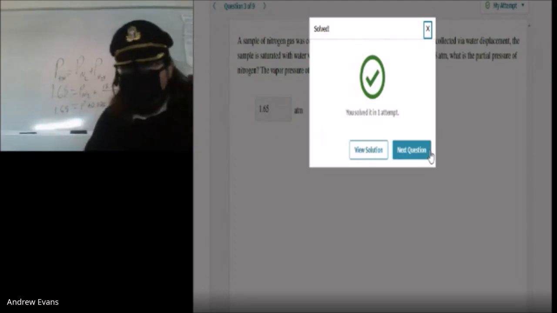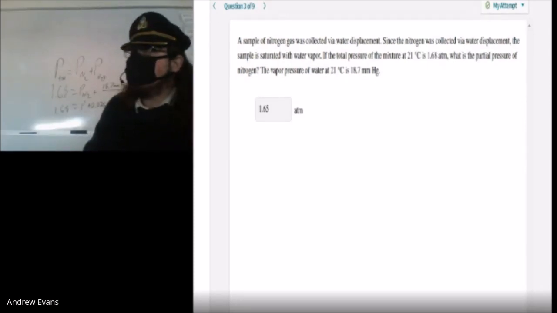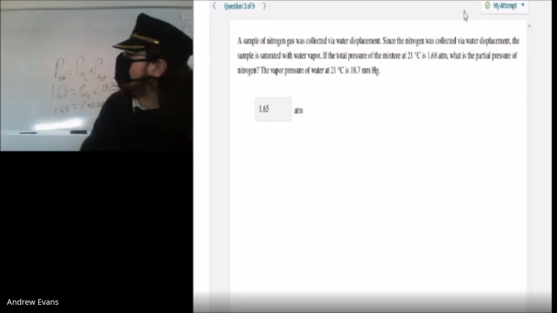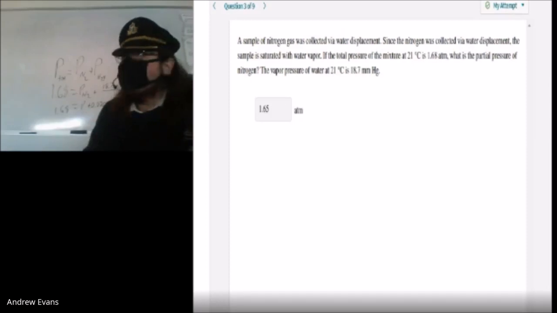Okay, that is a conversion that we should learn, but keep in mind, if you click on the hints, that would probably give you that conversion. That conversion would also be on a useful information sheet, and because of how I have the test set up, I'm also going to give you what would be on the useful information sheet to print off on your own or copy down on your own.